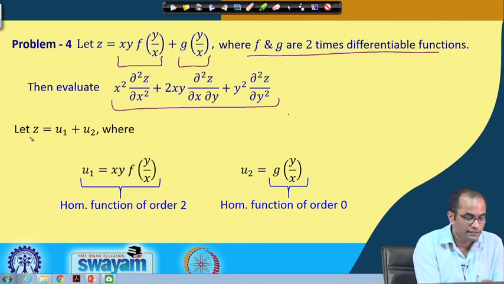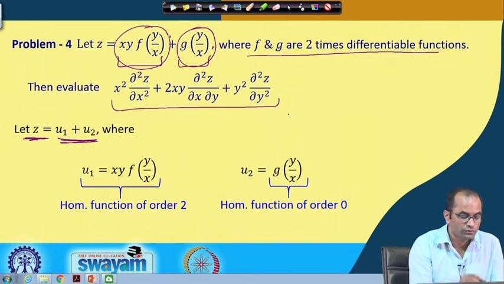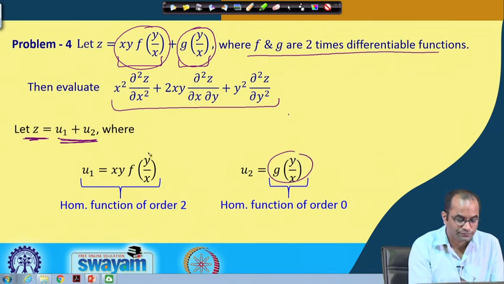So, what we do here, we take z equal to u1 plus u2, the first term as u1 and the second as u2. That means u1 is xy f of y over x, and u2 is g of y over x.